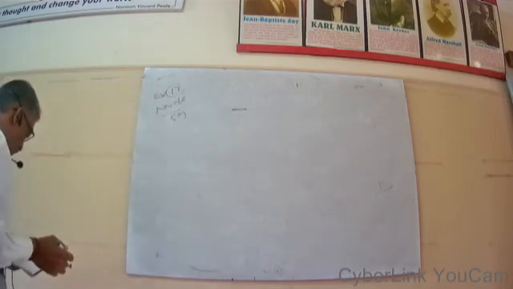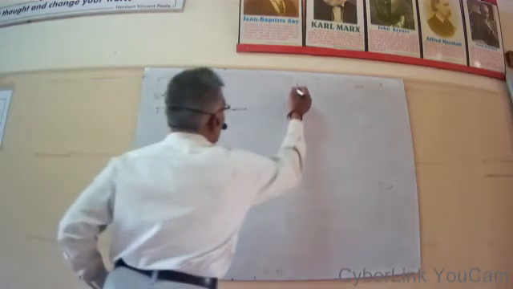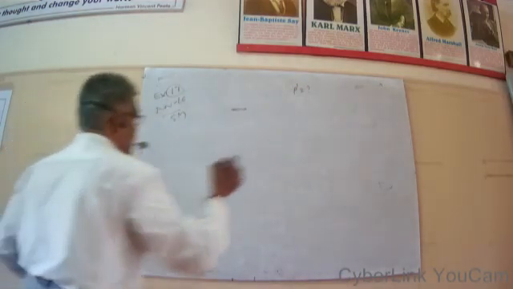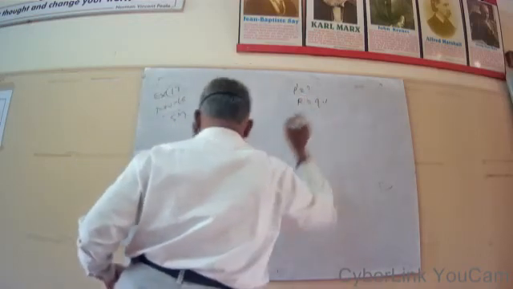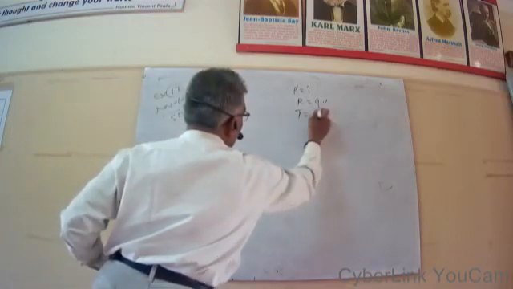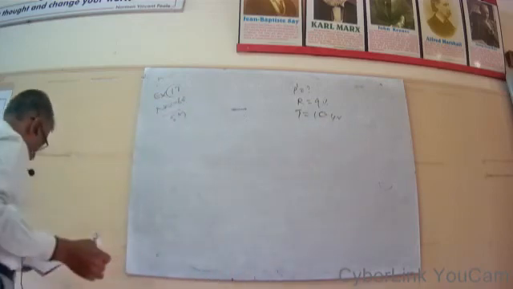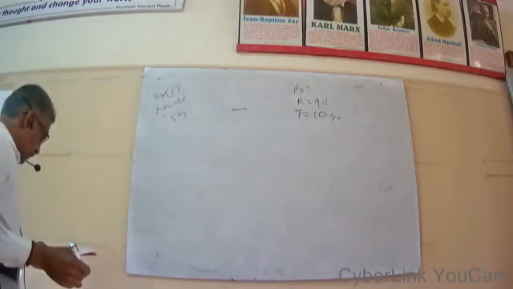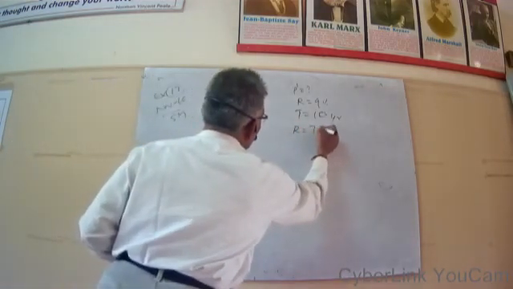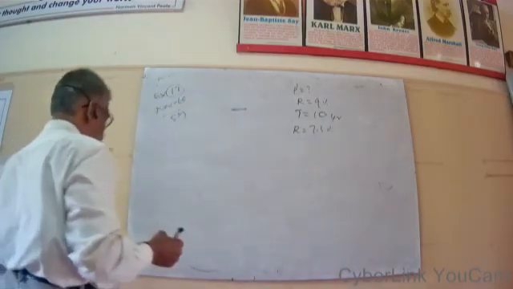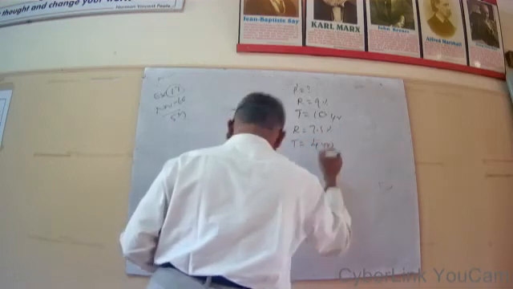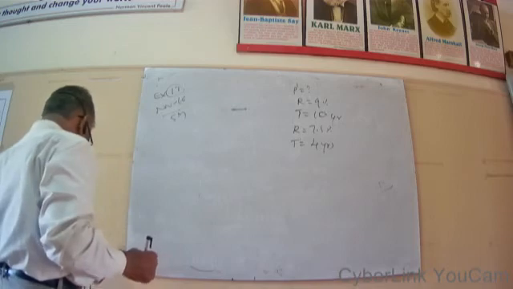So the difference between simple interest of a certain sum, so P is not known, of a certain sum at 9% PA, so R equal to 9% PA for 10 years, T equal to 10 years, and R equal to 7.5% PA after 4 years, T equal to 4 years, is rupees 150.